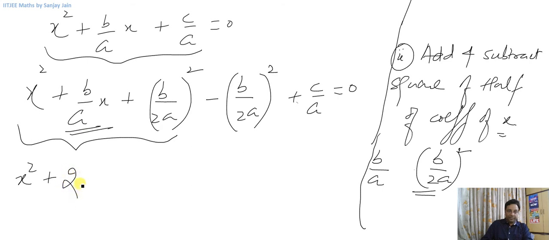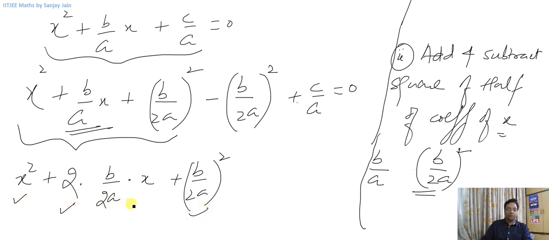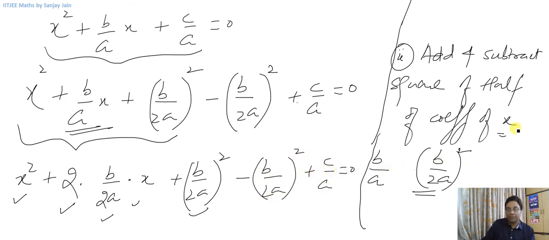It can be written as 2 into b by 2a into x. And now look at this, a square plus b square plus 2ab, right? So this has become a plus b whole square, and rest of the terms I'll write as it is, b by 2a whole square plus c by a equals 0.